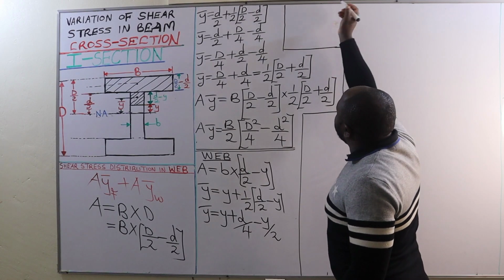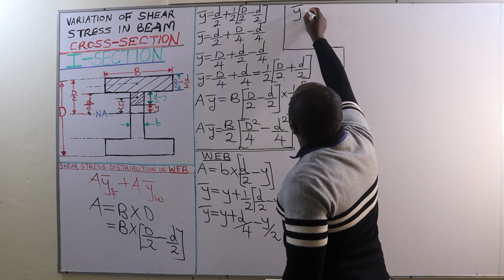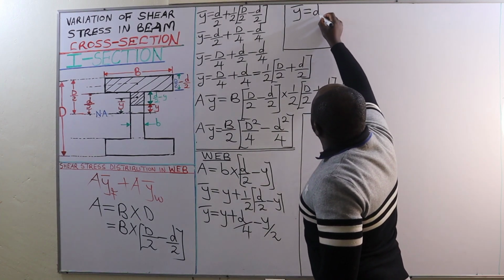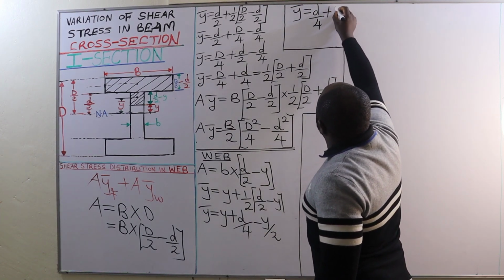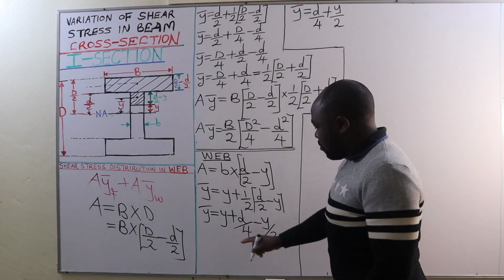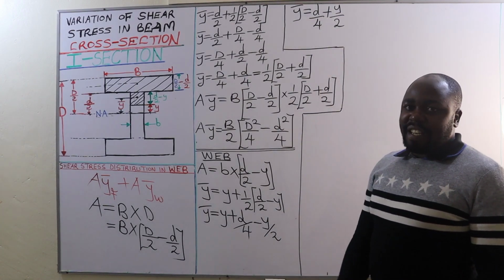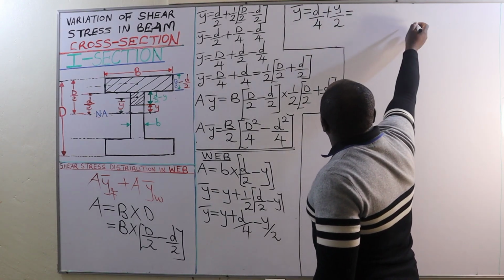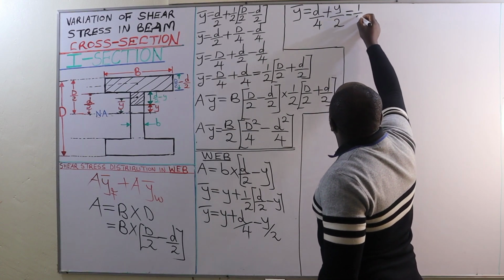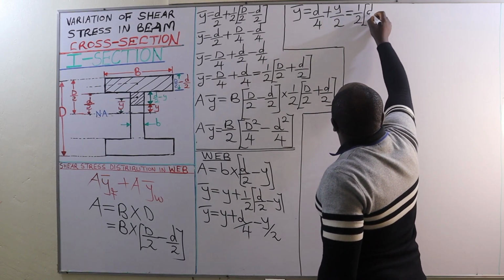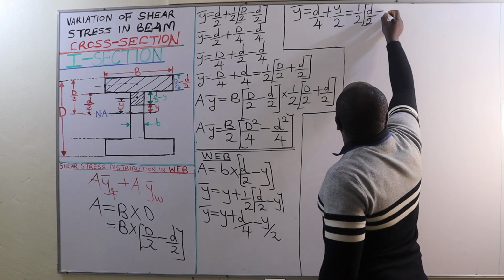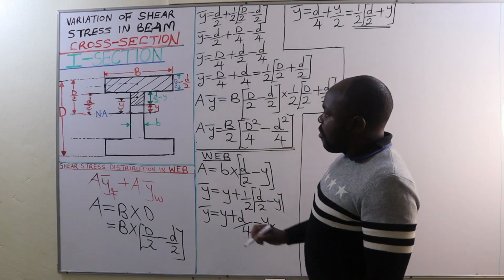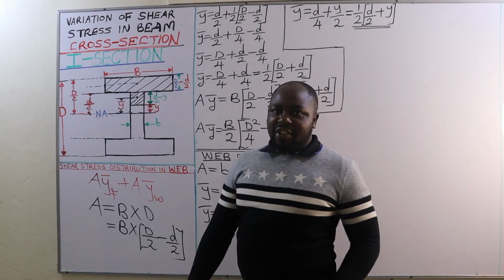Bar y is now going to be d over 4 plus y over 2, because y minus y over 2 is y over 2. Factorizing this, we are going to have a half into d over 2 plus y. So that is bar y for the shaded web region.